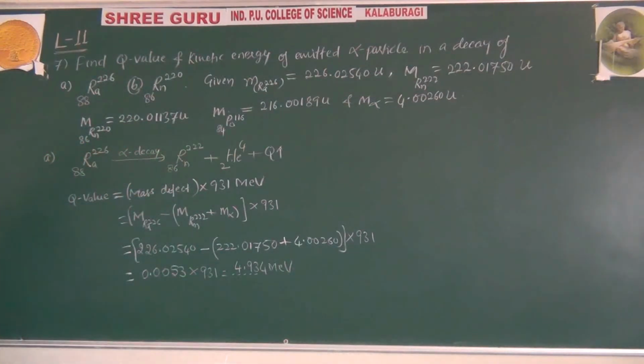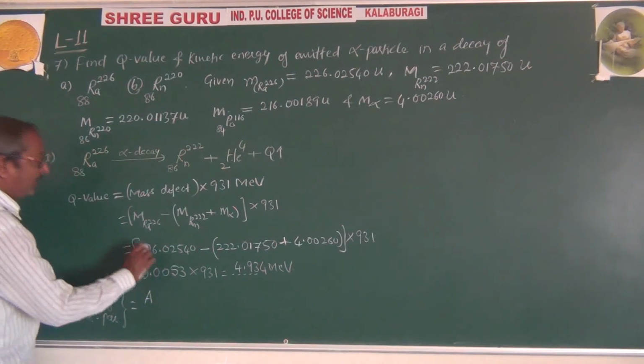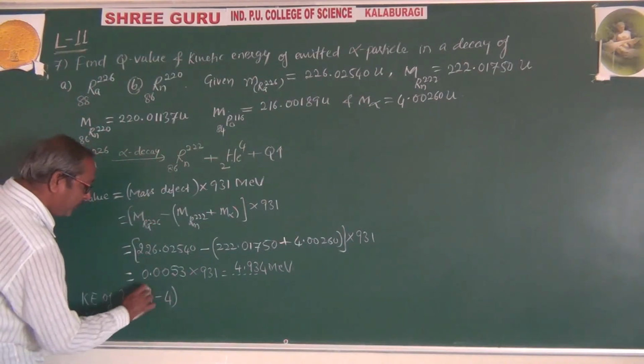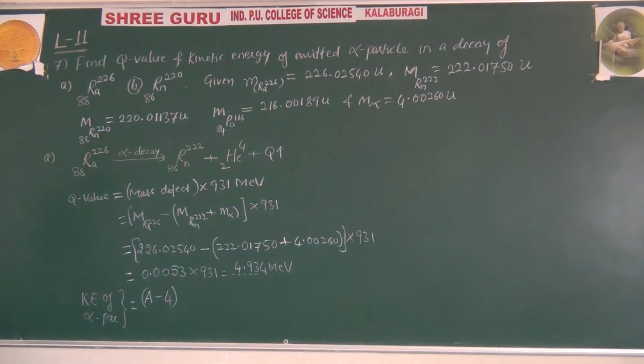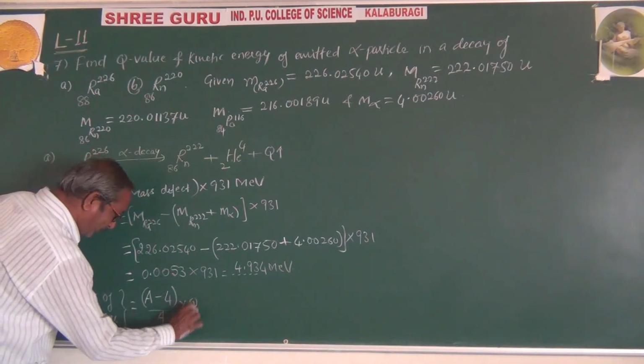This is the Q value. Now we want to find out the kinetic energy of the alpha particle. The kinetic energy of the alpha particle is equal to the mass number of radium minus the alpha particle, 4, divided by the mass number, into the Q value.